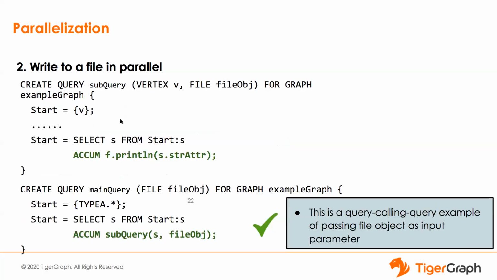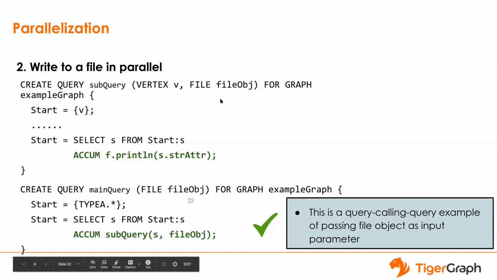Alternatively, another way of doing this is to do it from the subquery, because we can pass the file as a parameter to the subquery, and from the subquery we can do all kinds of printing as well.